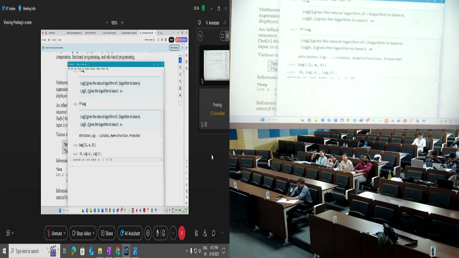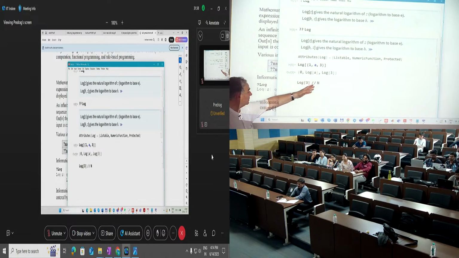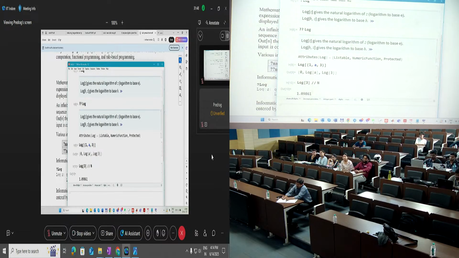Log of 3, waits, log of 3. I can ask Mathematica to give me the value of log of 3. Give me the numerical value of log of 3. And slash slash N means numeric, how to say, application of a function after the expression. Postfix.